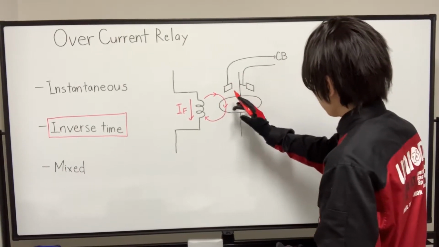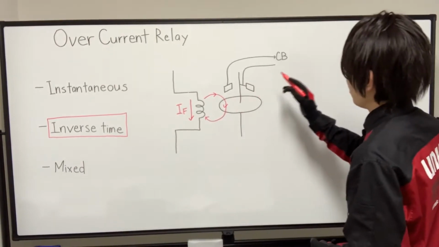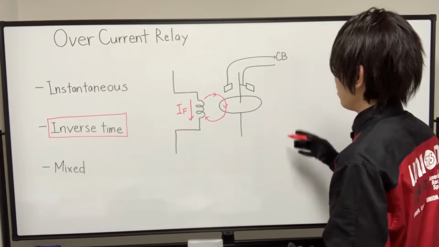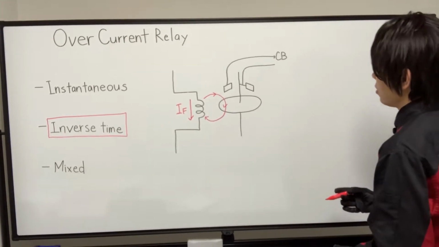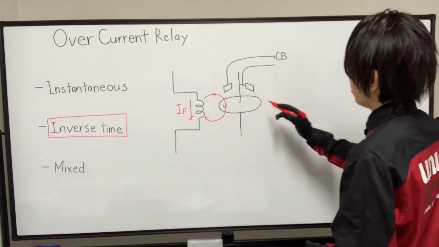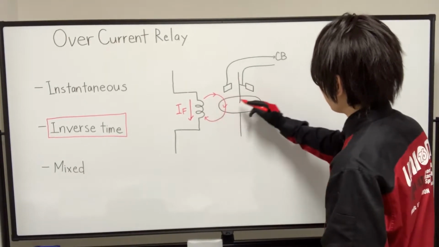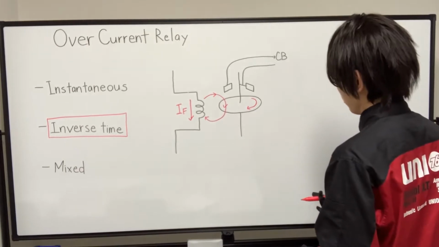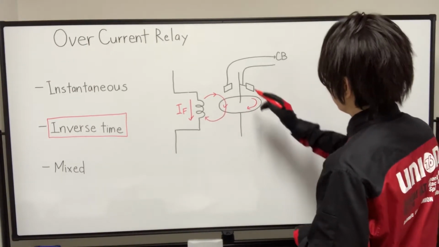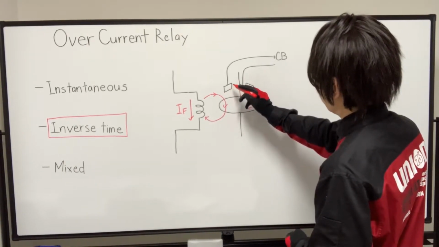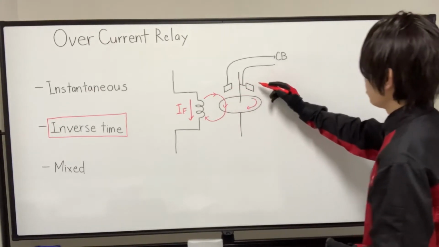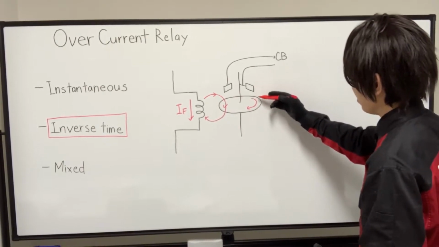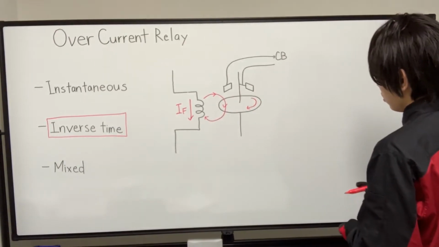And by this magnetic field, the disk rotates with speed proportional to the current. That means the higher the forward current, the faster the disk rotates, and vice versa. And this is a fixed contact, and here is a moving contact which will rotate with the disk itself.